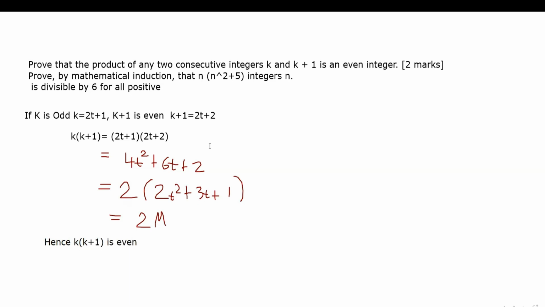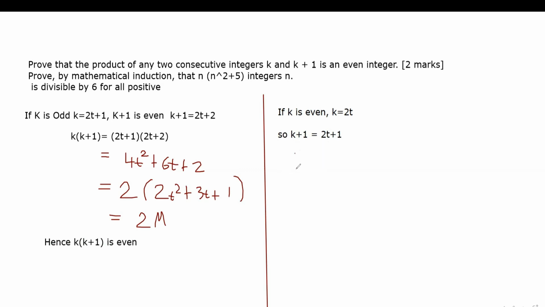Now, Marika, we need to check what if k is even. We started with if k is odd. Let's look at if k is even. If k is even, then we know that k is equal to 2t, and so k plus 1 would be equal to 2t plus 1, right? Yes, sir.